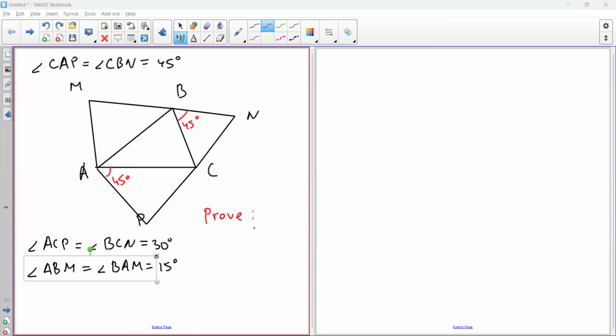Prove that angle PMN equals 90 degrees and PM equals MN.